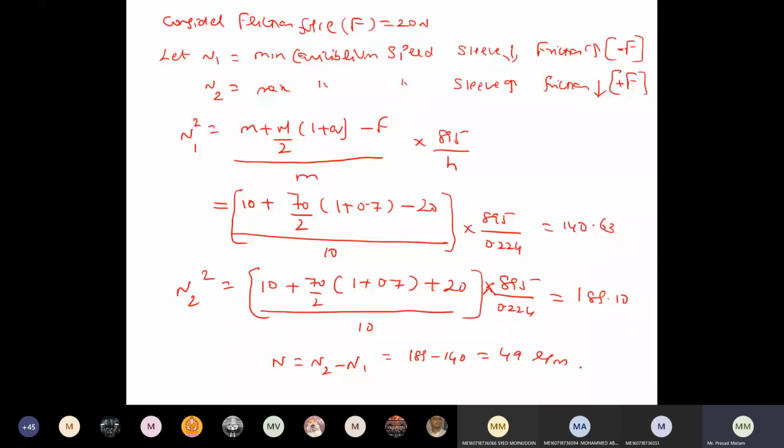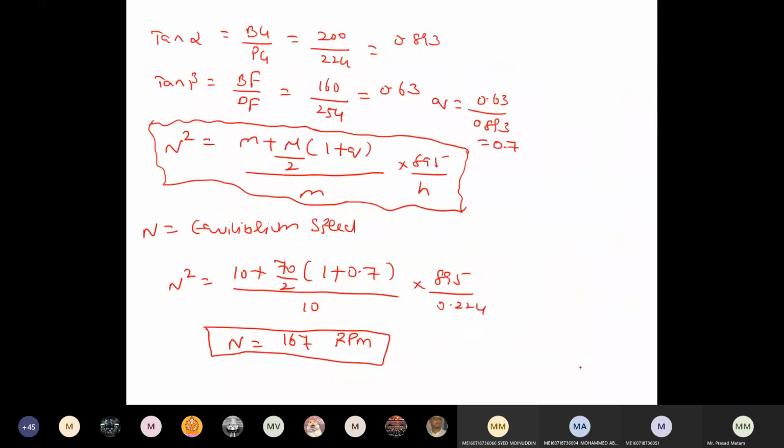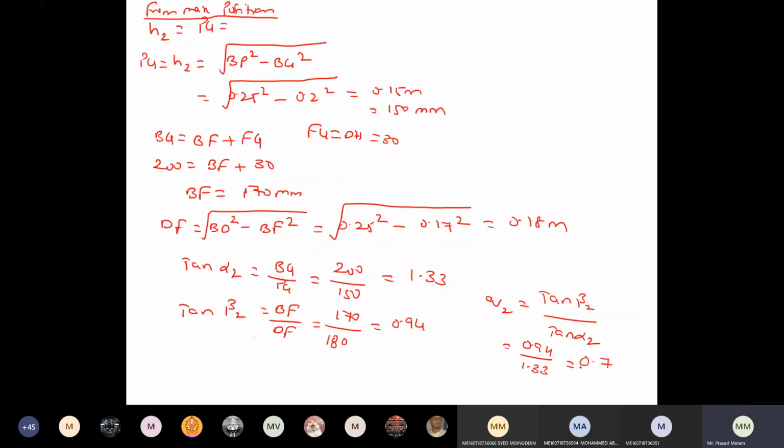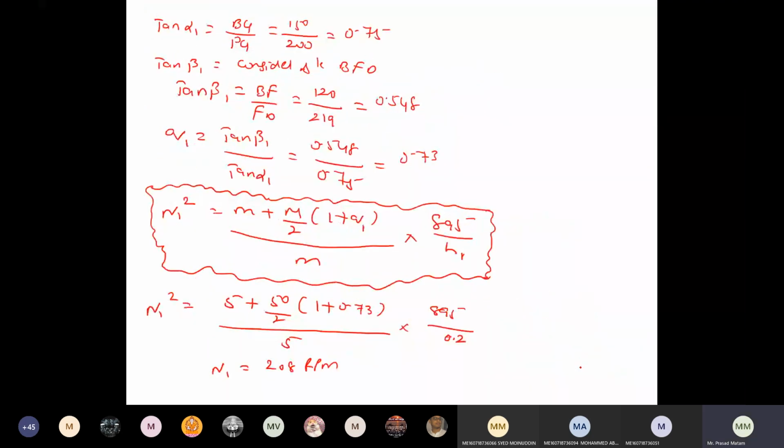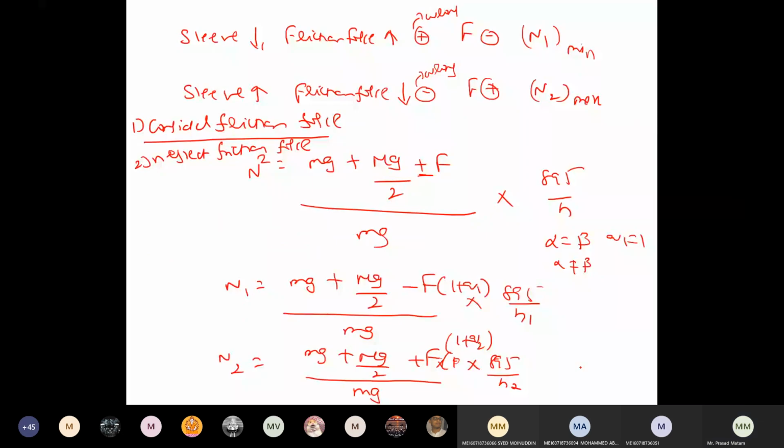So the earlier problem also you can see I have taken in mg only. I just wanted to check whether you are correct or not. You can see here, when friction force is considered, what I have taken here. Yes, students, see this equation. When friction force is considered, while writing the equation, you don't write it as m. You have to write it as mg plus mg by 2 plus or minus f by mg into 895 by h. You got it?